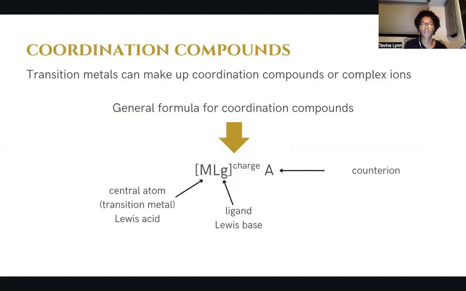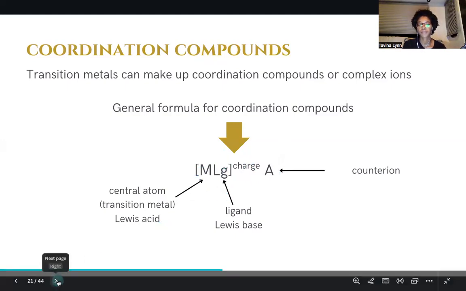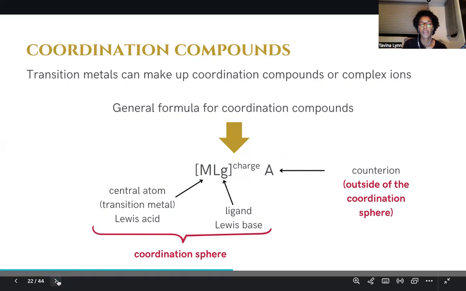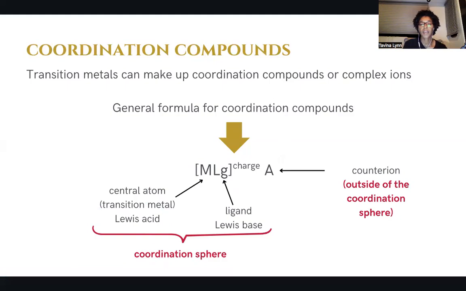That's the whole point of a counter ion, to balance out the charge of the coordination complex. Now, what's called the coordination sphere is the central atom coordinating the ligands. And the counter ion exists outside of the coordination sphere.